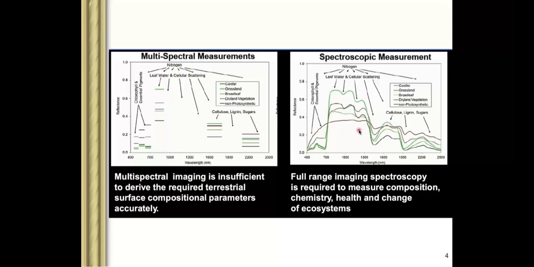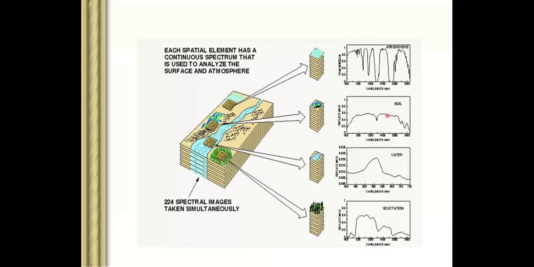So here is one of the hyperspectral airborne sensors. We call it AVIRIS. And if you take an AVIRIS cube, as I told in the previous slide, it is a stacked image, just like our playing cards. The bands are also like that.